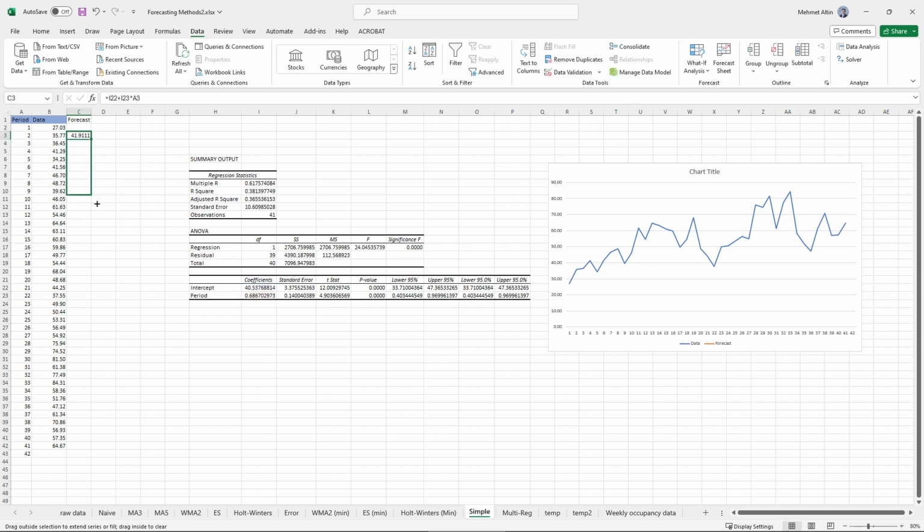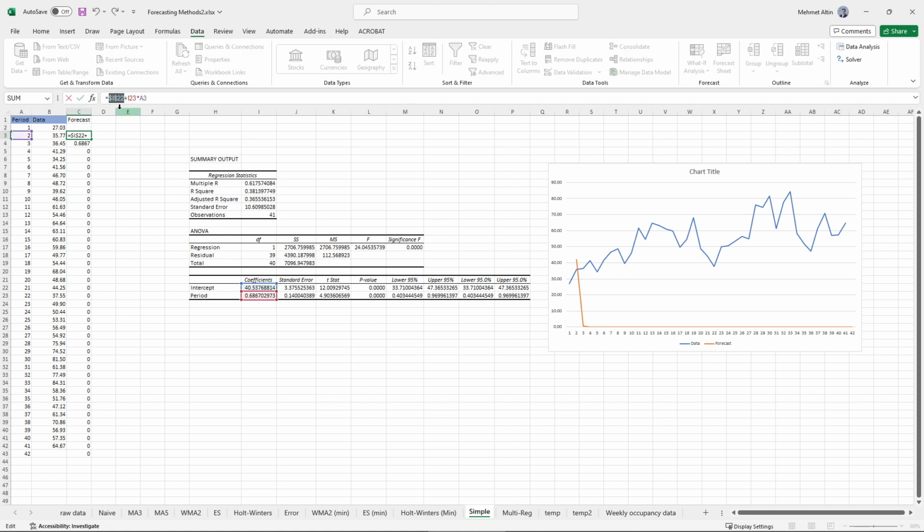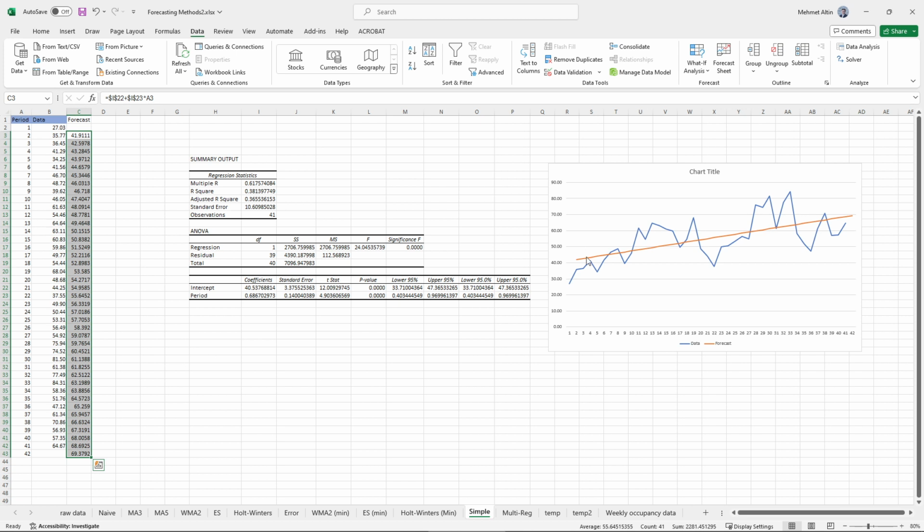If we follow this all the way down, of course, do you remember I was telling you the importance of locking the values? That's what is important, because we forgot to lock this one and this one. Now you can see the data fits. This is our forecasted data. Because our data increases, this increases as well. Like I said, in this case it is not very useful. I just want to show you the regression outcome.